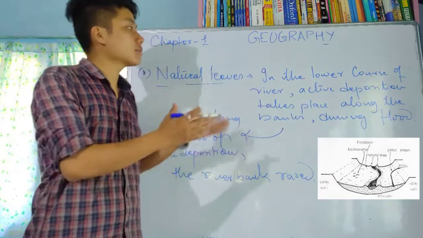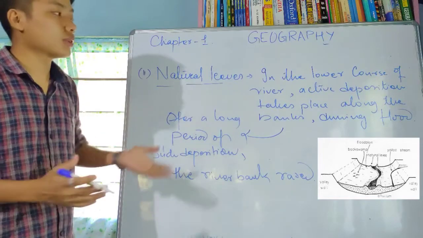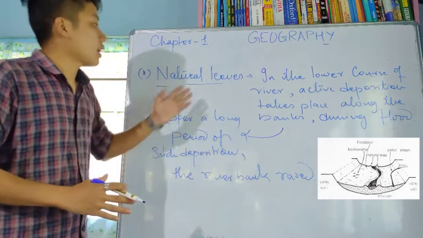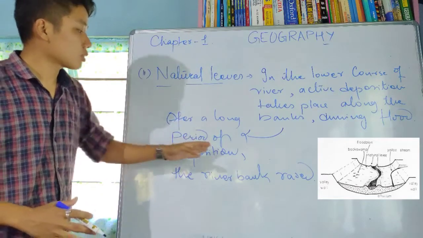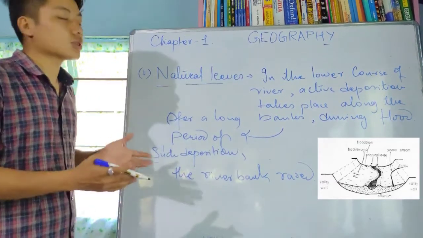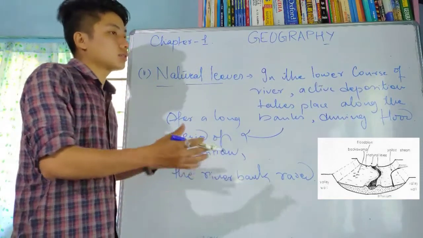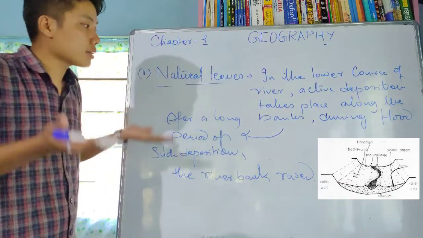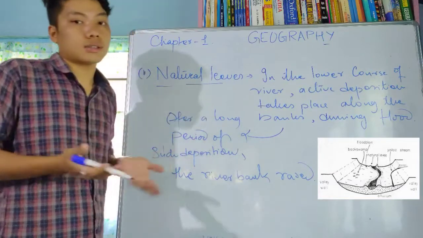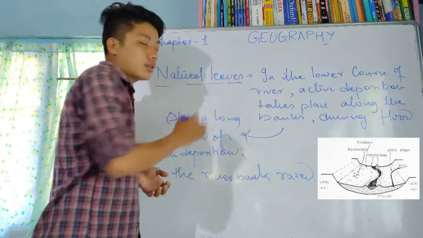Because of flood, active deposition takes place on either bank of the river, and after a long period of time, the river bank is raised. That means the height of the river bank gradually rises to a certain extent. So it will produce natural levees.